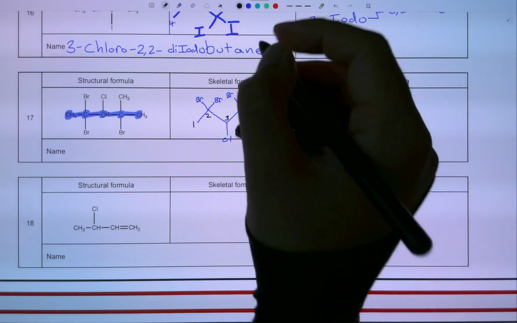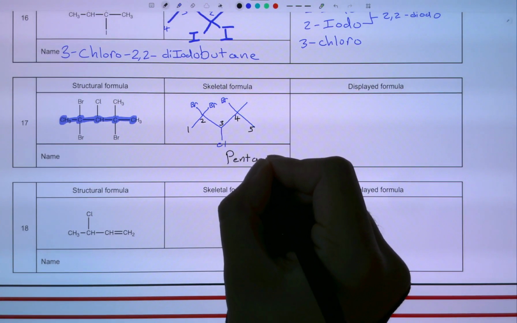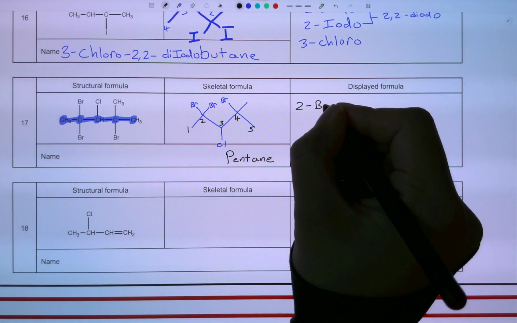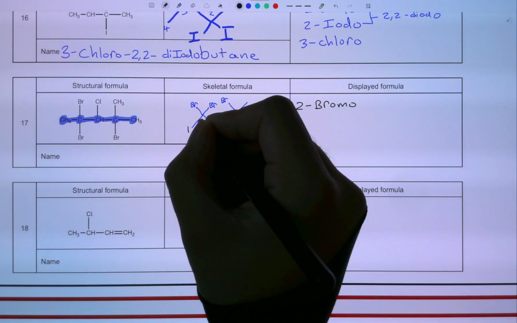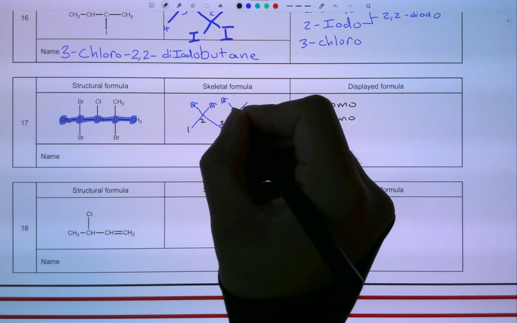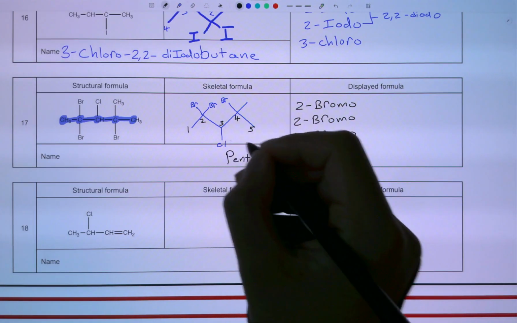5 carbons, so we have pent. This is an alkane, so it's pentane. At 2, we have a 2-bromo. We have another 2-bromo. We have a 4-bromo. And we have a 3-chloro.